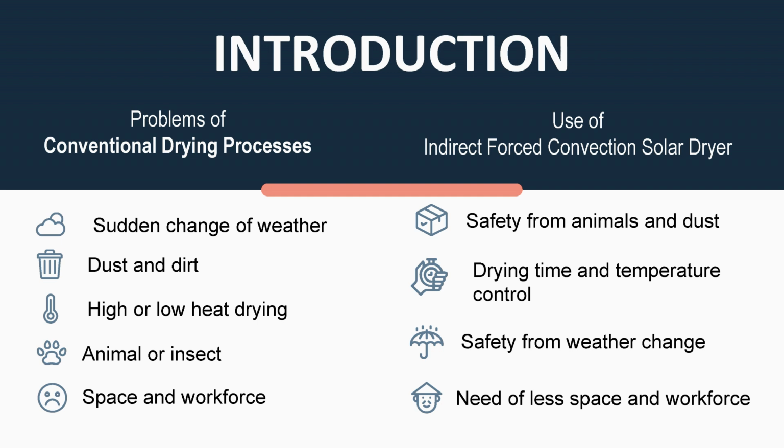Temperature and time can be easily controlled, and also the removal of moisture content can be easily controlled. And as a drying chamber, it needs less space and also a smaller workforce. A small number of laborers can handle it easily.